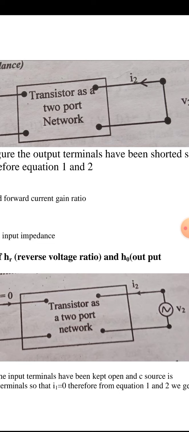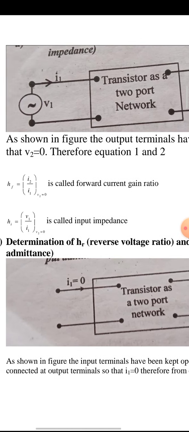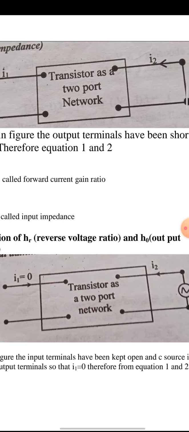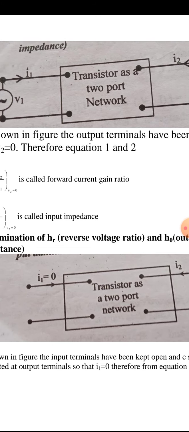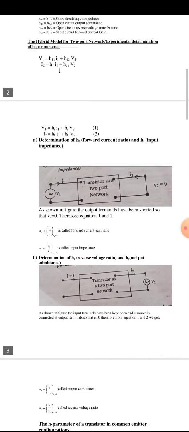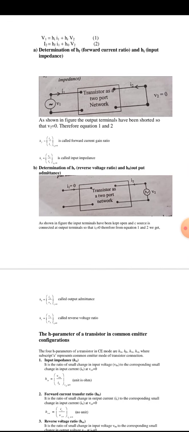And for the calculations of reverse voltage ratio and output admittance, the input side of the transistor is open, which means I1 is equal to 0. Calculate the four hybrid parameters: forward current gain, input impedance, output admittance, and reverse voltage ratio.